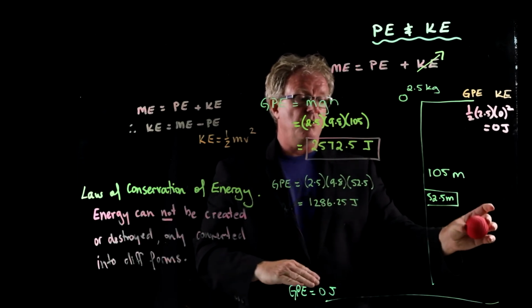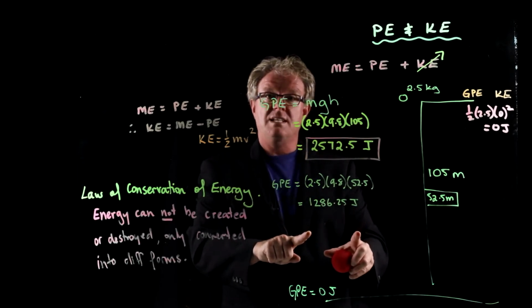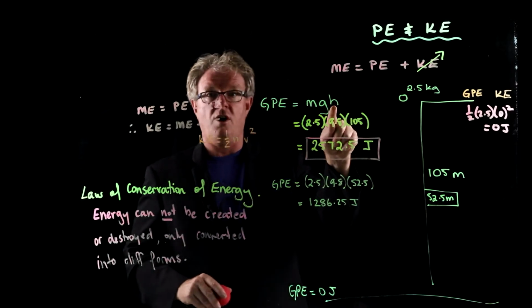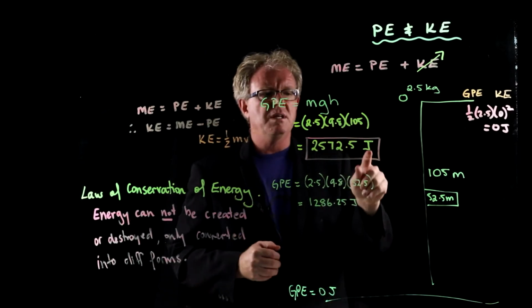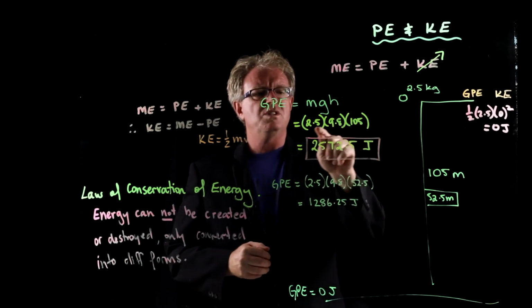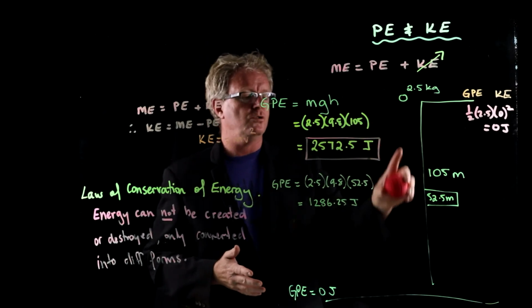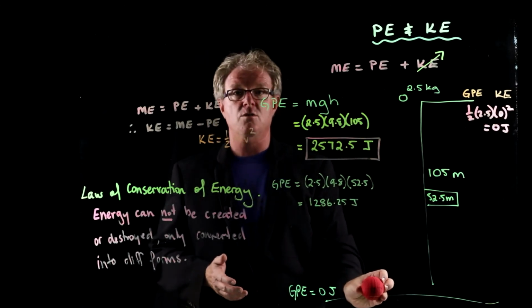As we go past halfway, the gravitational potential energy is getting less and less till it gets to 0, because at the ground, the height is 0. And that must mean that all the energy we started from in terms of potential energy must be converted to kinetic energy when it hits the ground.